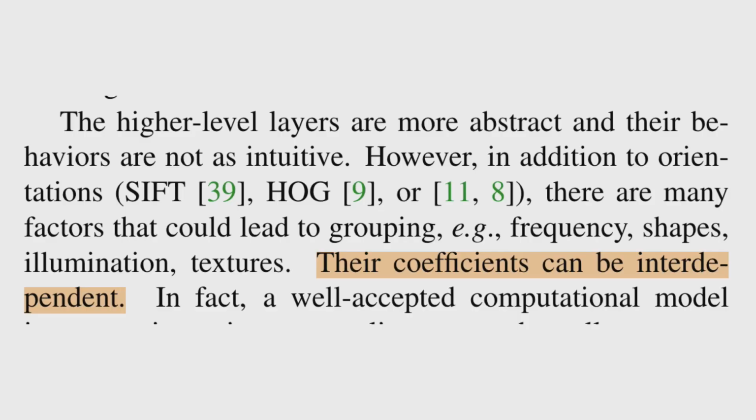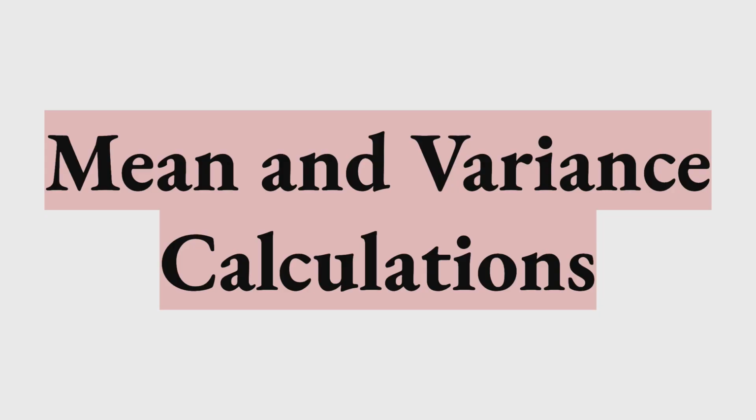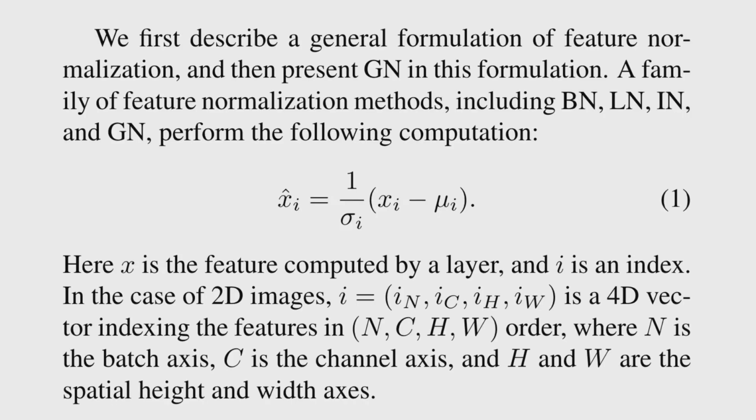And so the fact that there are these groupings of channels means that their coefficients, or the statistics that are generated by those pixels, are interdependent. So we're going to return to that concept a little later on with some help from Gemini, but I want to now go into the mean and variance calculations, not just for batch norm, but for batch norm, layer norm, instance norm, and the star of the show, group norm.